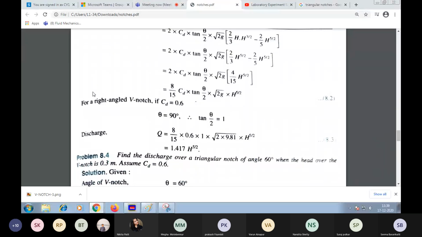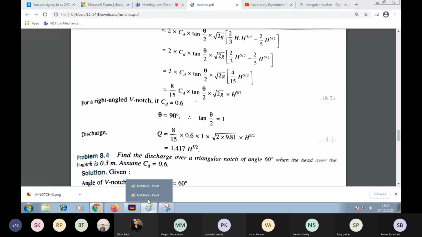Suppose for a triangular notch or a V notch, the value of CD is taken as 0.6 and theta is taken as 90 degree, that is, if you consider the V notch as right angled.